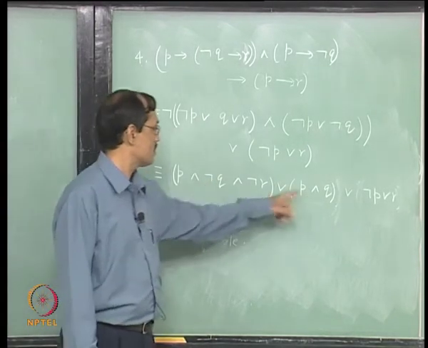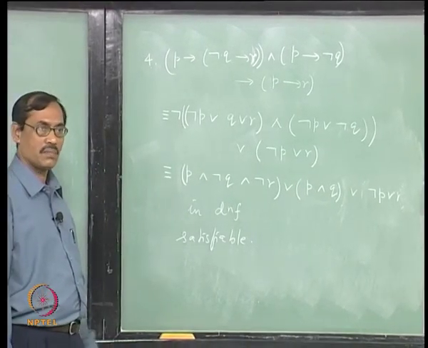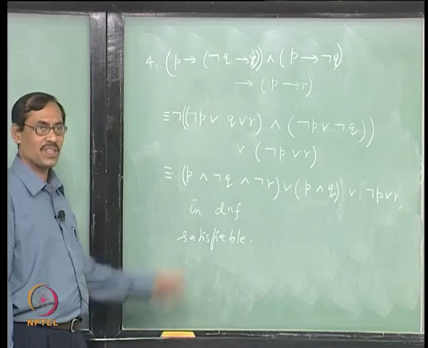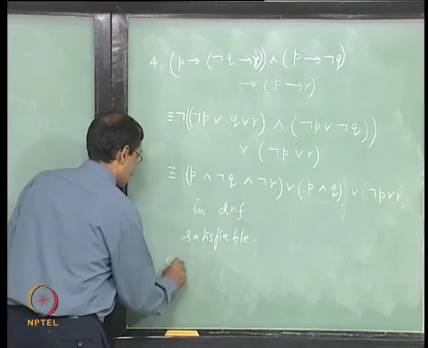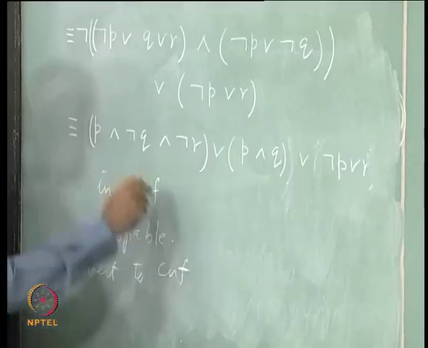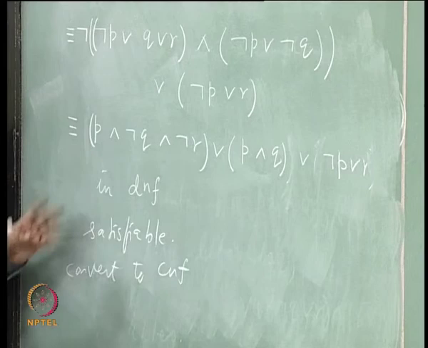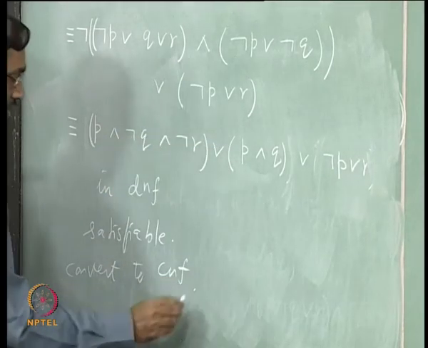It is not Q, it is Q. It does not matter, it is a smaller one. So, just multiply out and convert it to CNF. By distribution, just distribute the ORs and ANDs, then you get that it is valid.